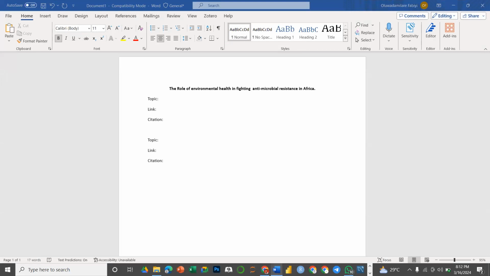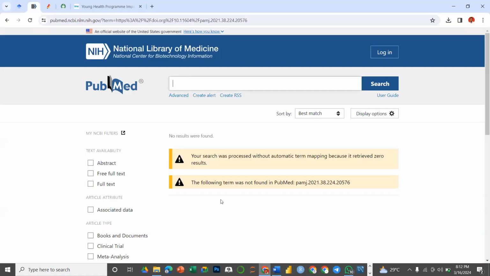So I will need to use keywords. I know I'm looking for antimicrobial resistance. It has to be in Africa, and it has to relate to environmental health.